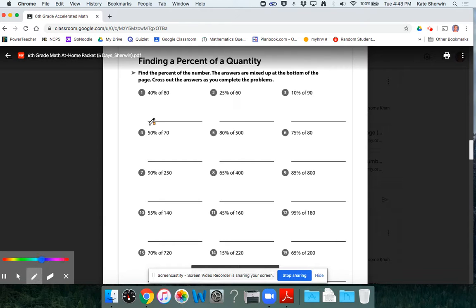So when we're finding 40% of 80, you can do it the long way, and you can take 80. Now you wouldn't write 40. If you wrote 40 right here, 40 is a whole number. There's the decimal. If you converted this to a percentage, this would actually be 4000%. Okay. And so we don't want that.